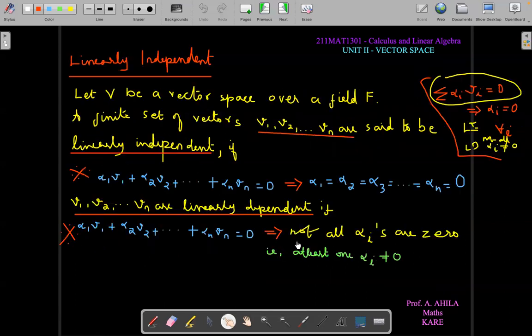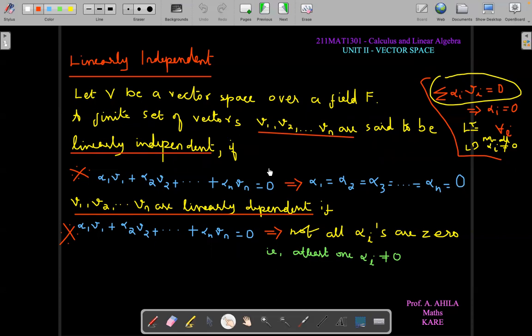Okay, so let us next see linearly independent. Let capital V be a vector space over a field capital F. A finite set of vectors v1, v2, etc., vn are said to be linearly independent if alpha 1 v1 plus alpha 2 v2 plus etc. plus alpha n vn equal to 0 implies alpha 1 equal to alpha 2 equal to alpha 3 equal to etc. equal to alpha n equal to 0.